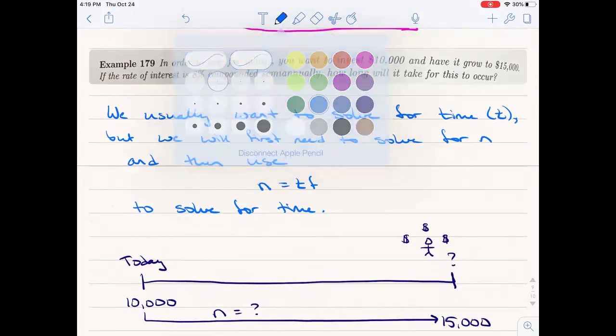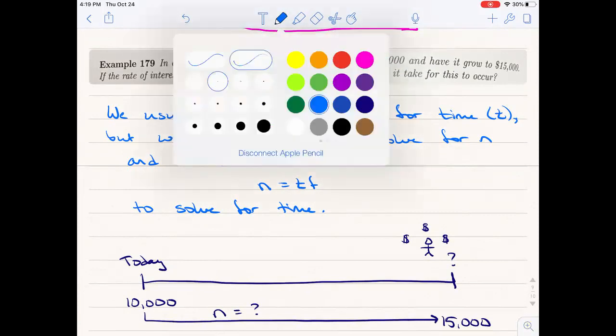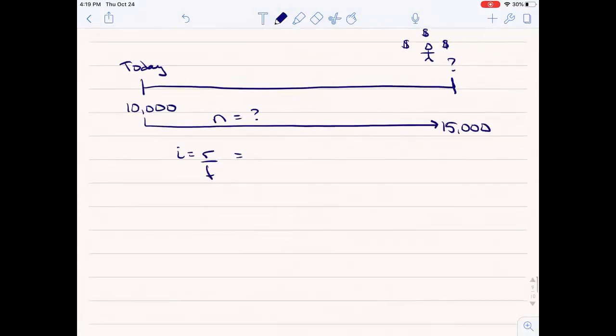So remember, semi-annually means that f is 2. And so we've got 0.08 divided by 2, which is 0.04.